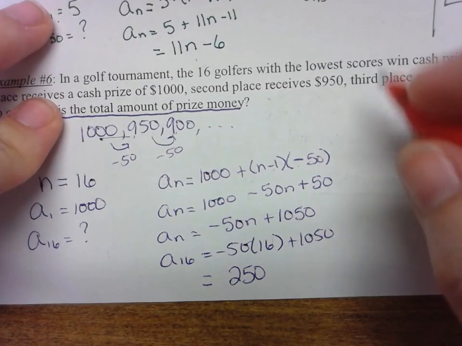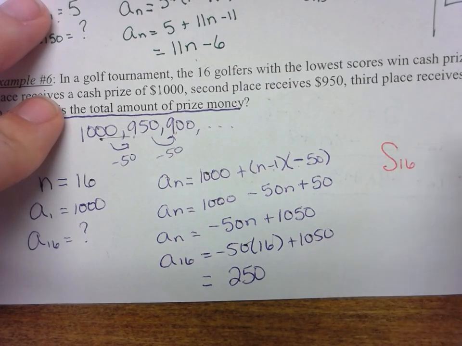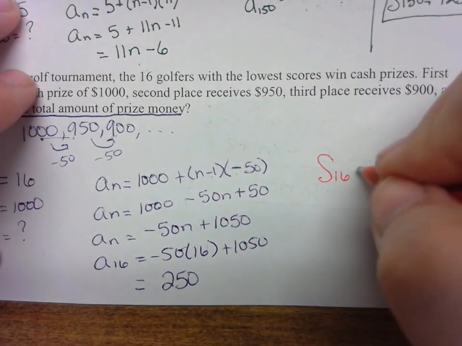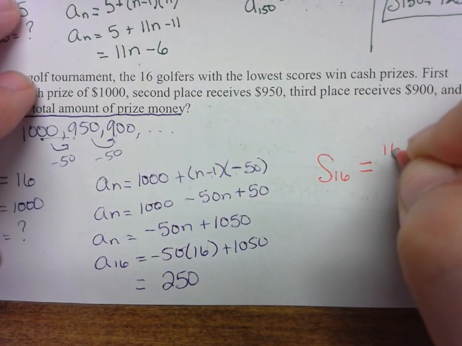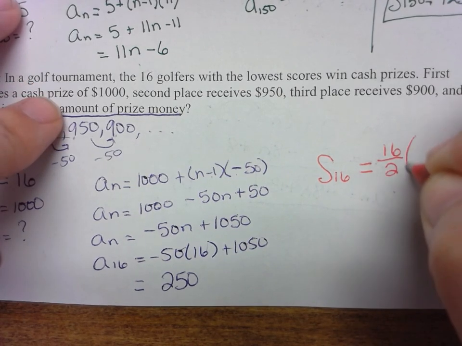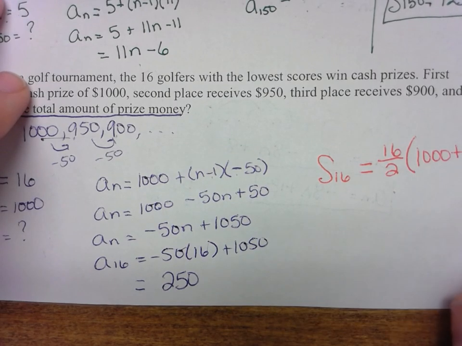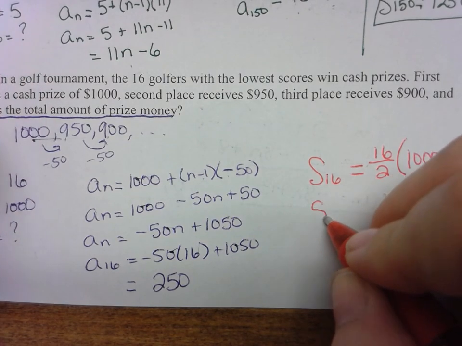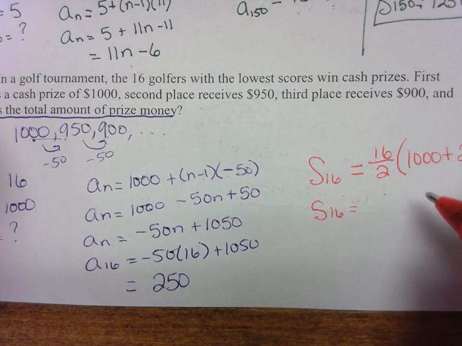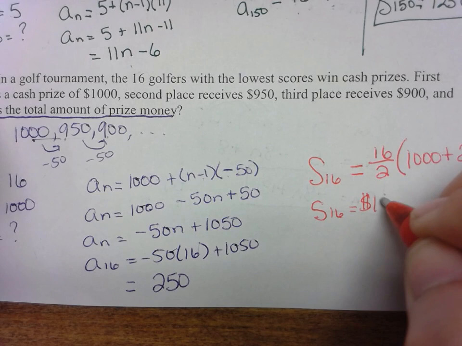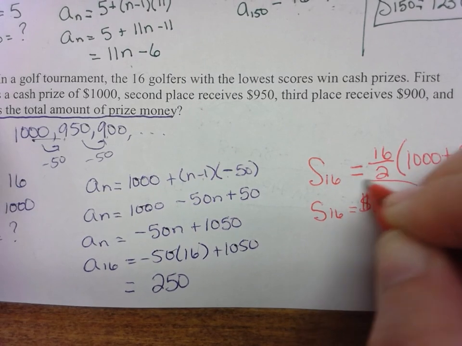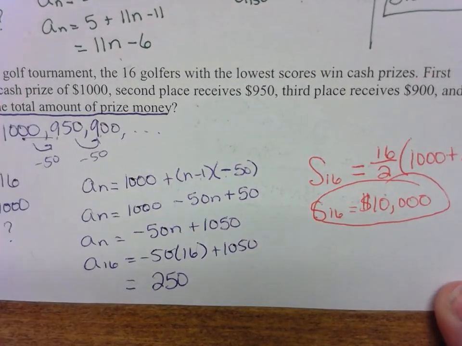All right, so the sum of all of these pieces, s sub 16, equals 16 over 2 times my first term and my last term. Enter that all in. And the organizers of this golf tournament better have $10,000 to pull this off. That's the total prize money that they'll be spending.